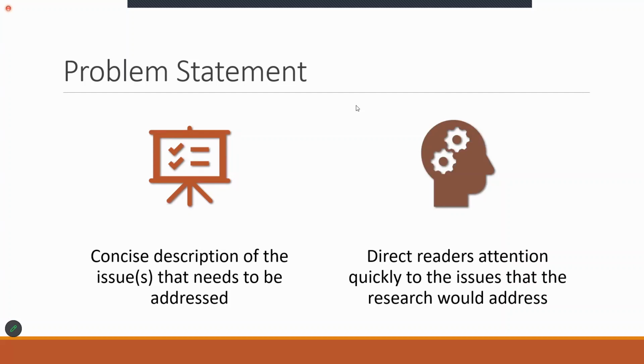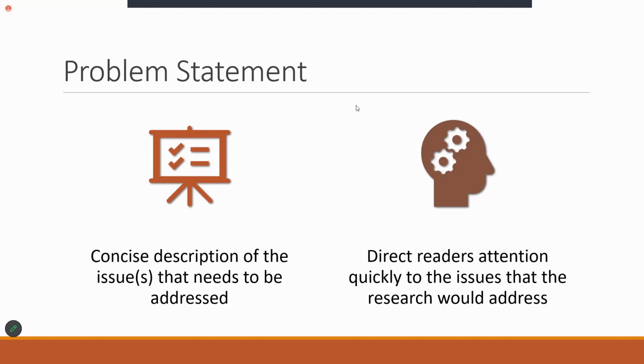Within the problem statement also, some students think that you do not need to include citations, which is not correct. Even in the problem statement, you need to include citations. But it's going to be a concise description of the study.